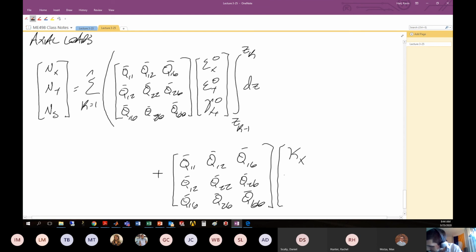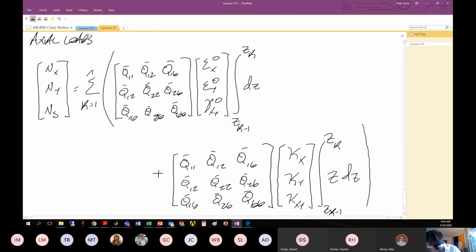Is kappa x, kappa y, kappa xy. These are the curvatures on the laminate, multiplied by the integral from zk minus 1 to zk of, here now the z is included from the moments dz.